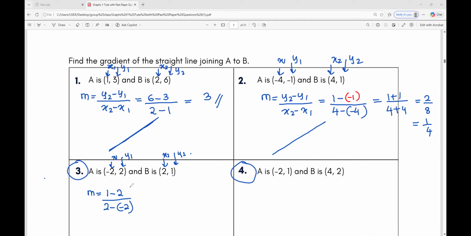Substitute negative numbers with a bracket. Then 1 minus 2 is minus 1 over 2, minus times minus is plus. 2 plus 2 is 4. Minus 1 over 4. It's not 0.